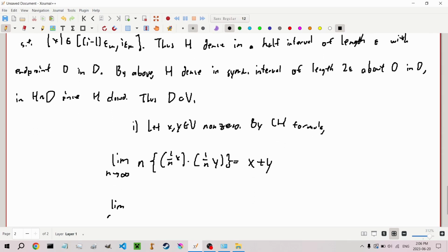And the limit as n goes to infinity of the n squared power of the same, 1/n x, 1/n y, and so on, is going to go to the bracket.